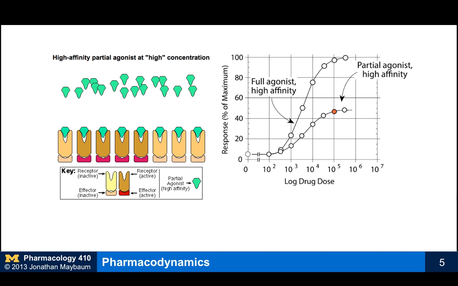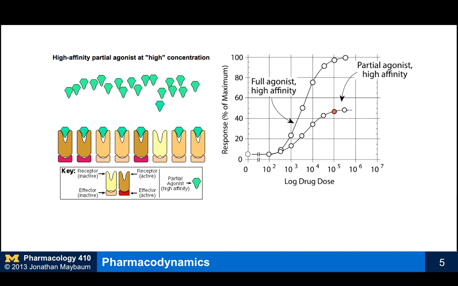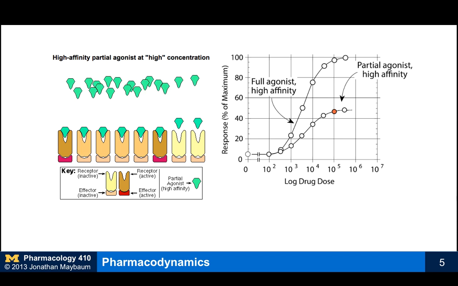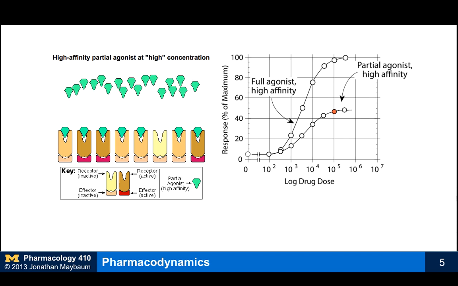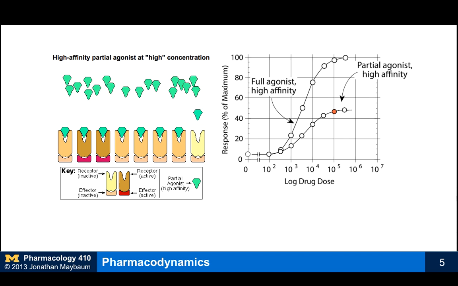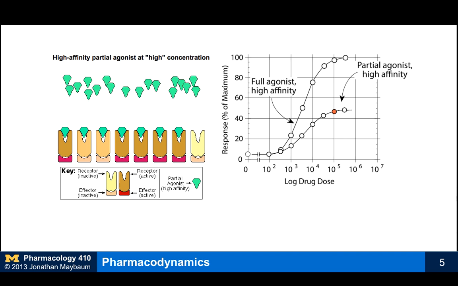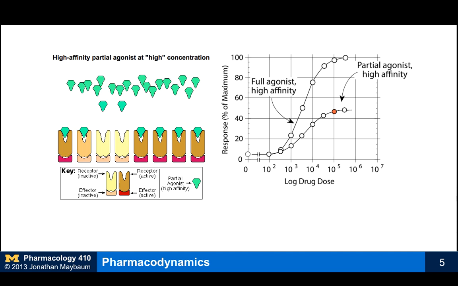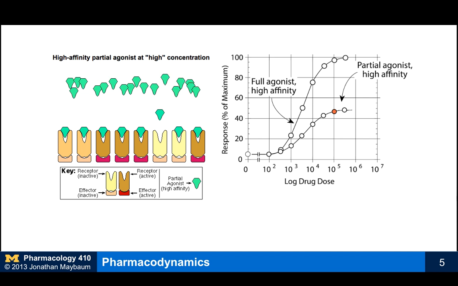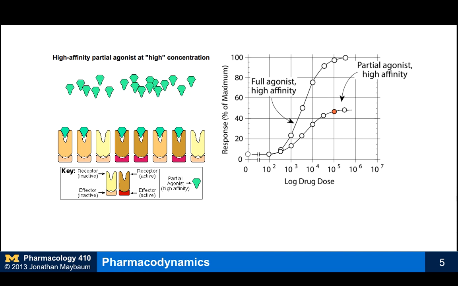And this is the reason that it's a partial and not a full agonist. All of this is reflected on the dose-response curve by the fact that the curve for this drug plateaus well below 100% of maximum possible effect.